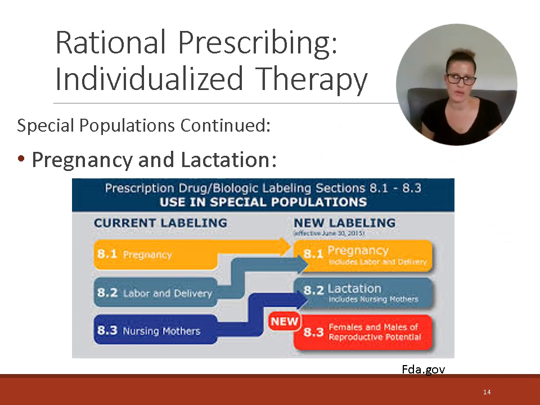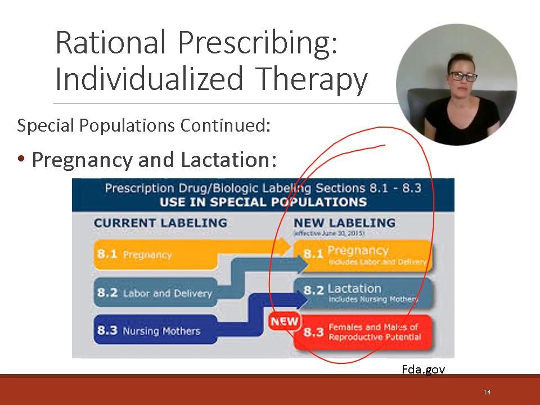This is what we have now in the new labeling. There's the specific pregnancy category, the specific lactation category, and we now also have information on people of childbearing age, like males and females who have a reproductive potential.